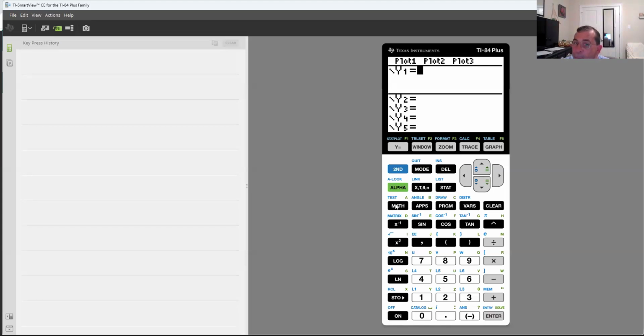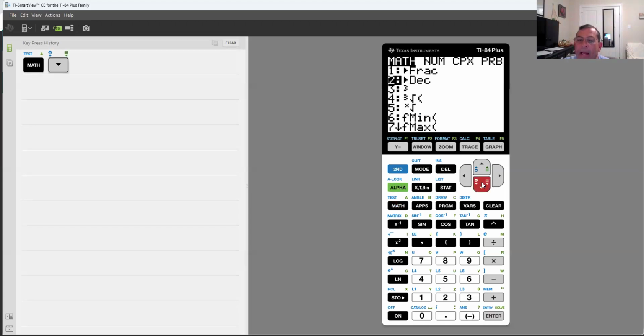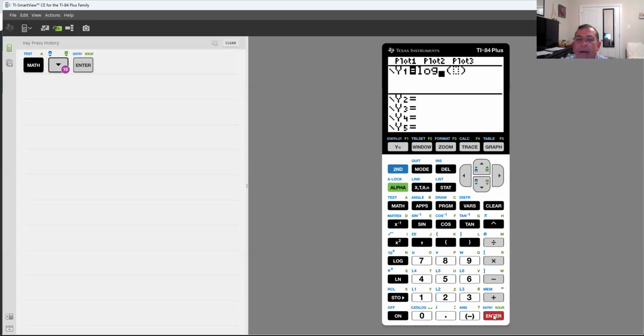I have to hit the math button, and then arrow down until I get the log base. Once I have log base, I hit enter, and then it has a subscript. That's where I would put my 2, arrow right, and then I would put my x. At that point, I hit graph.